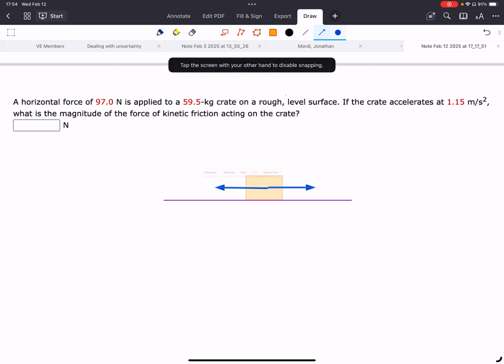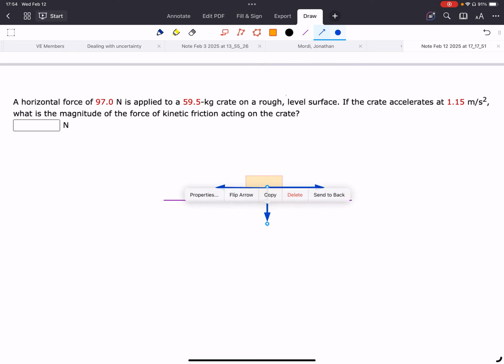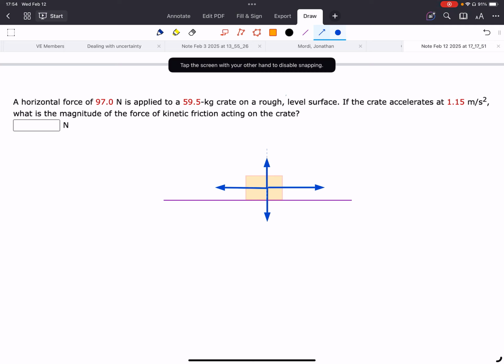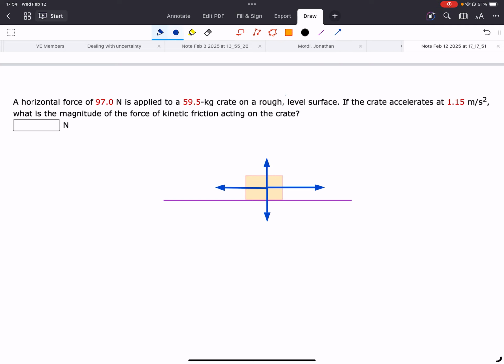There is friction, so there will be a force opposing us. We are accelerating to the right. There will be a weight force down and a normal force upwards. So we do not know what the friction force is, but we do know that our force is 97 newtons.